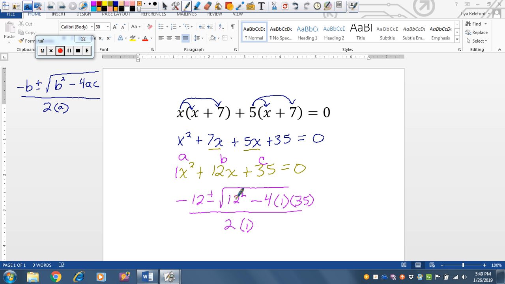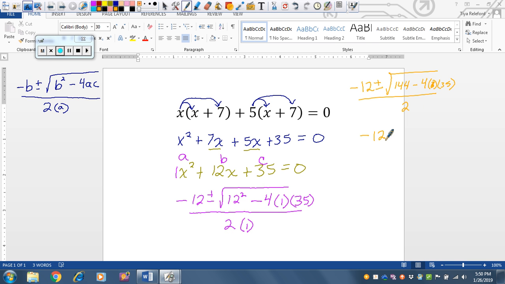So rewrite the whole thing again. I'm running out of room. I should write smaller. I'm going to come up here and rewrite it. I have negative 12 plus or minus the square root of 12 squared is 144 minus 4 times 1 times 35 divided by 2 times 1 is 2.